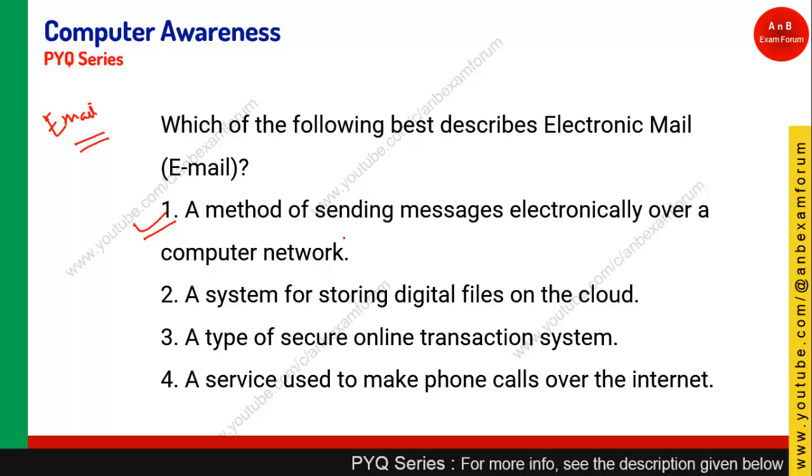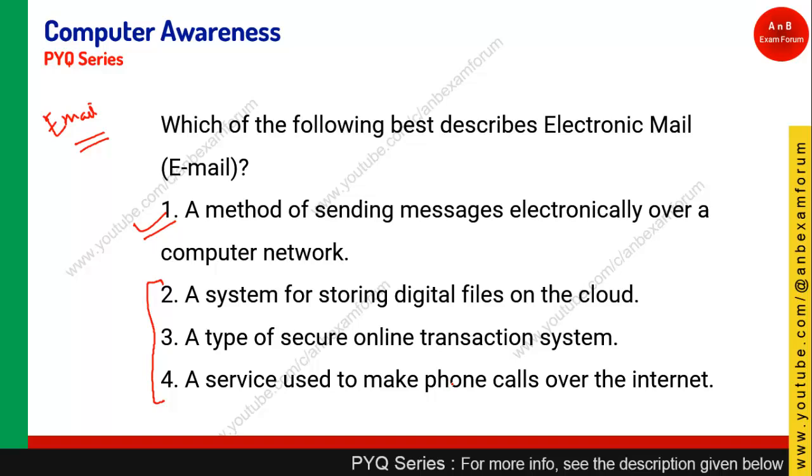Mail means you are sending the message, but if you see the other options, there is no way of sending messages. Okay, making a phone call over the internet is not an electronic mail, it is voice over the telephone or voice over internet protocol.